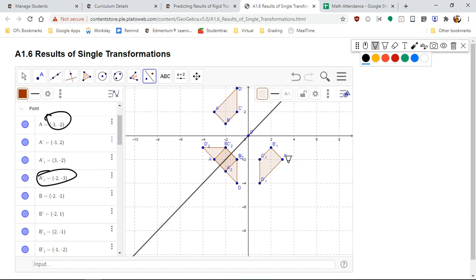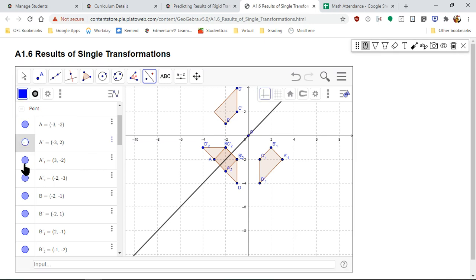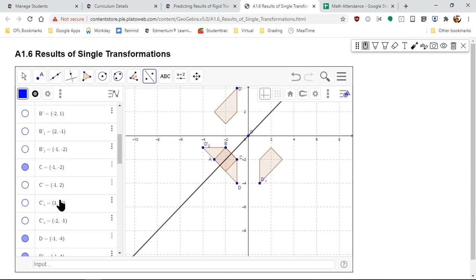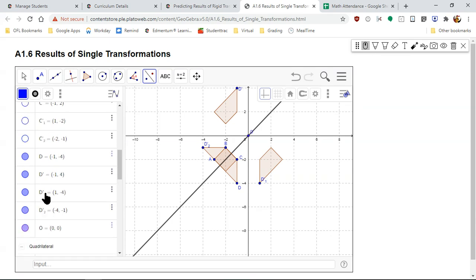If you don't like looking at all of this stuff, but at the same time you don't want to undo everything, you can do this cool little thing over here where you click this and it starts hiding everything. So all you do is click the little circle. I don't want to get rid of my B. It does take a bit of work, so it depends how picky you are about seeing it.